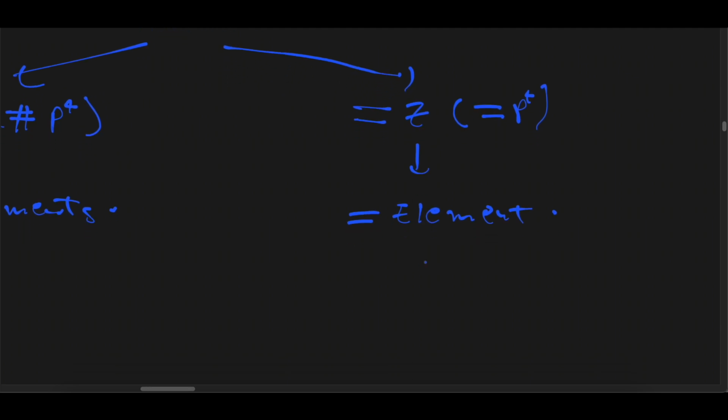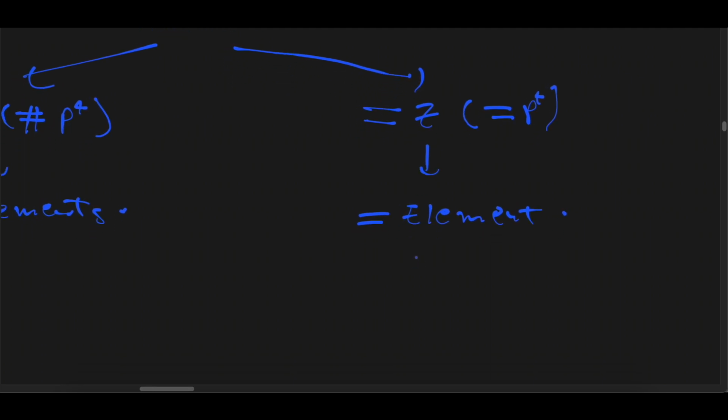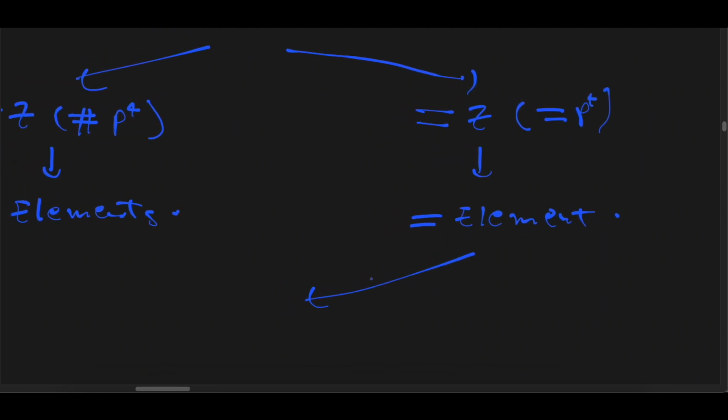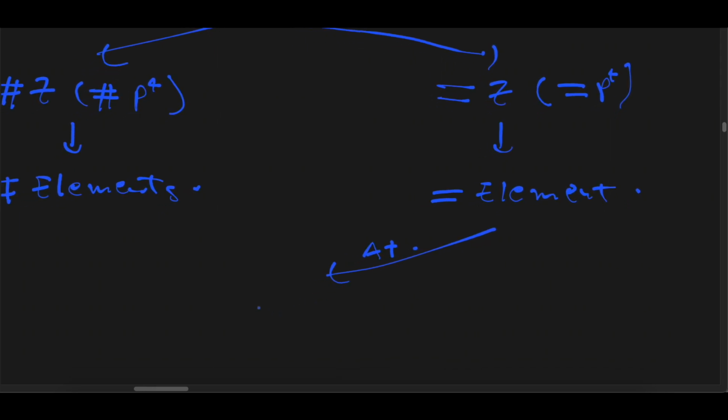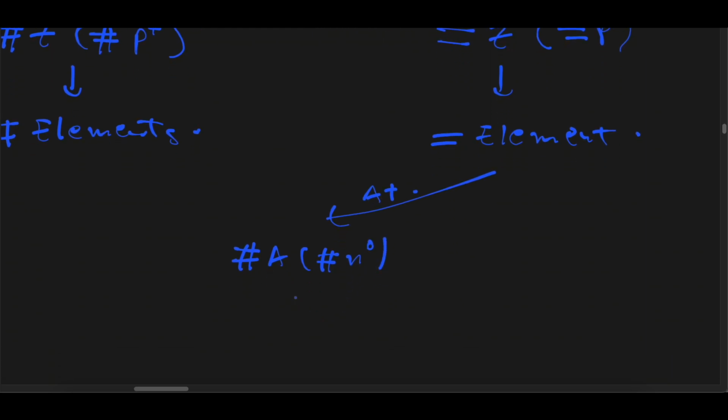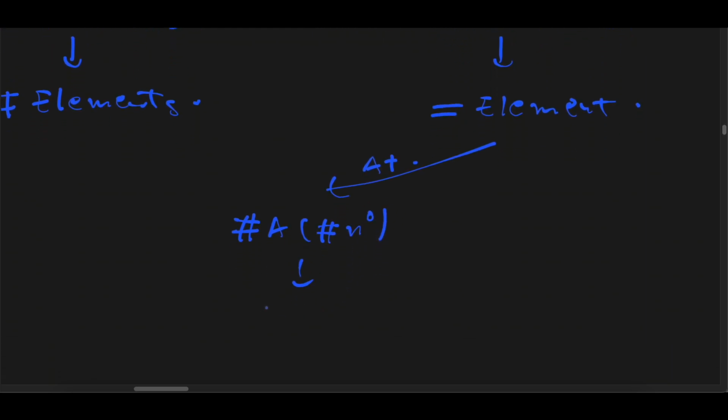And for atoms that belong to the same element, if they have different mass numbers, which means different numbers of neutrons, here we have the isotopes.